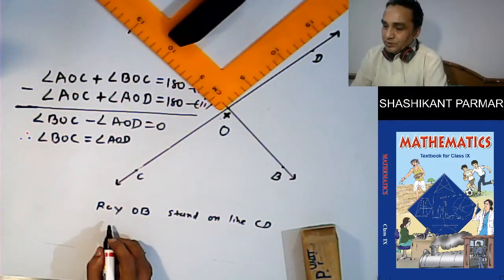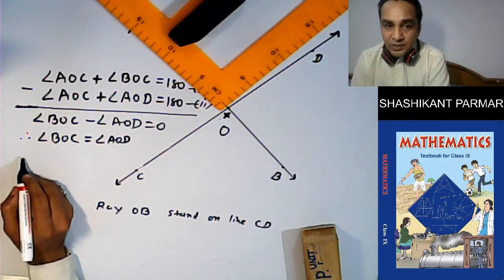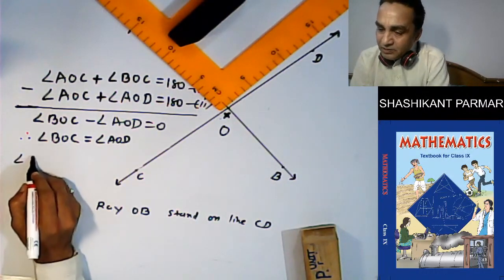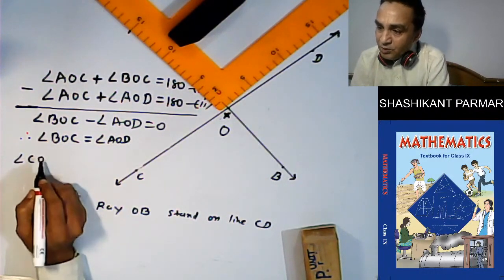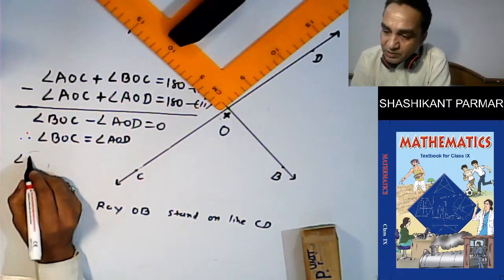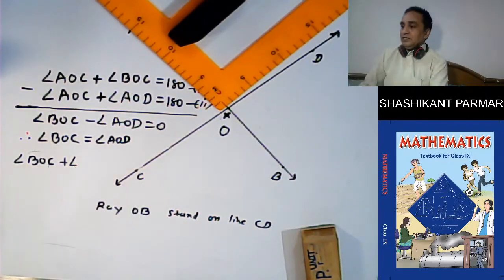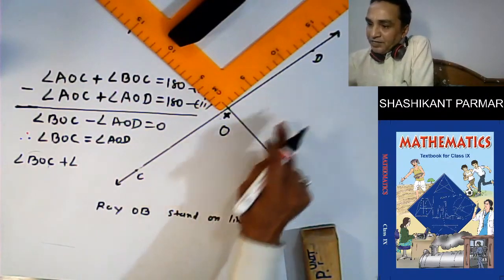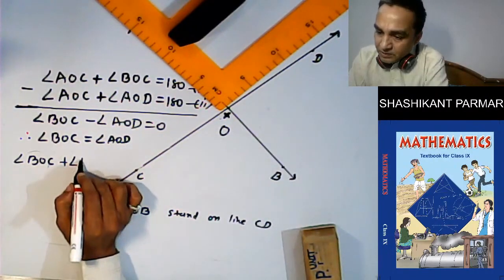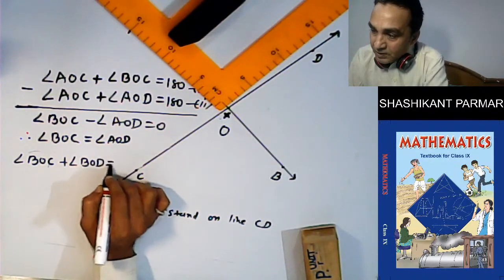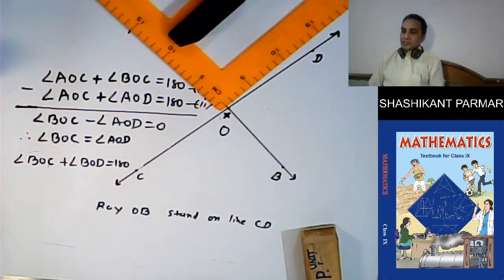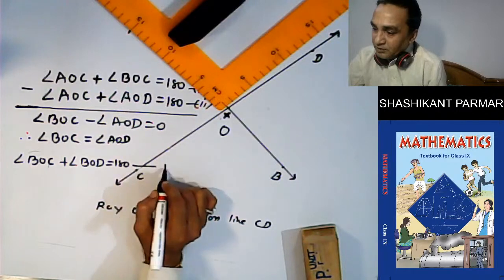So you can write angle COB or BOC plus angle BOD is equal to 180. Say this is equation number 3.